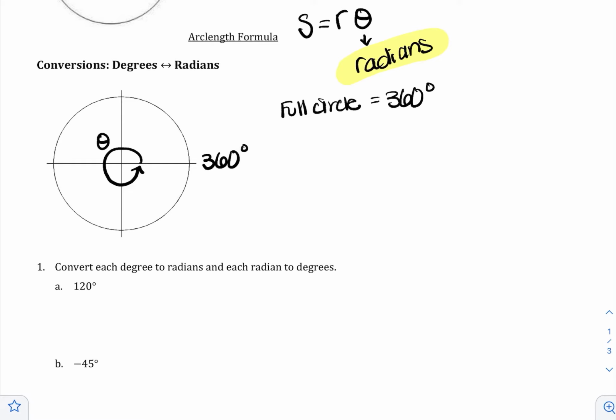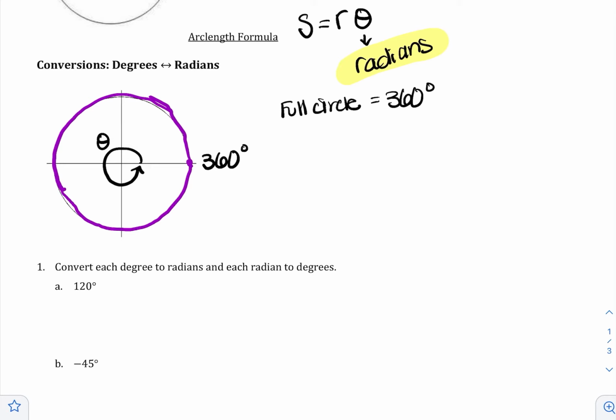Now, if I take the arc length that this angle subtends, it is the entire circle. I would start here, and I would go around the entire circle until I got back to the beginning, because that's 360 degrees.